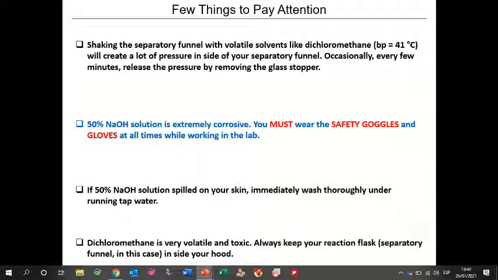Most of the time in organic chemistry, you will need to work inside the hood in order to protect yourself from the toxic vapors, mostly coming from the solvents, right? That in most cases are volatile and the gases are toxic. So you need to pay close attention when working with this solvent, because it's a very volatile solvent.